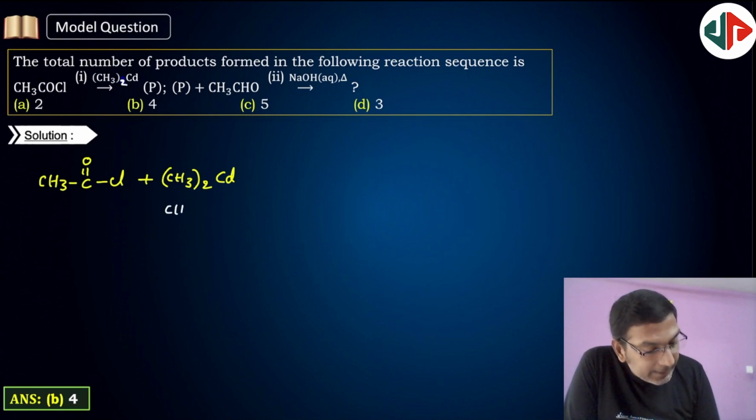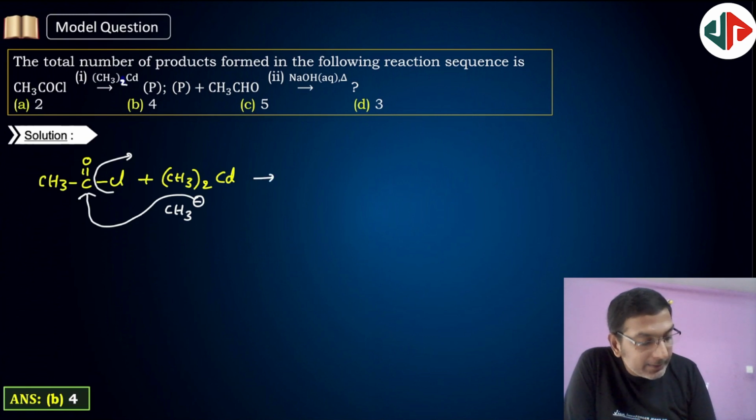So here CH3 minus will be there. Therefore this will attack the carbonyl carbon and Cl will be eliminated. That gives CH3COCH3, which is acetone, which is P.